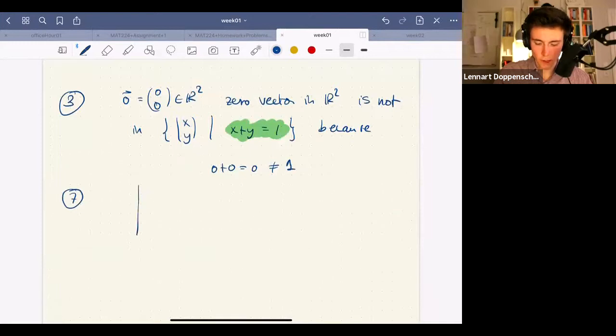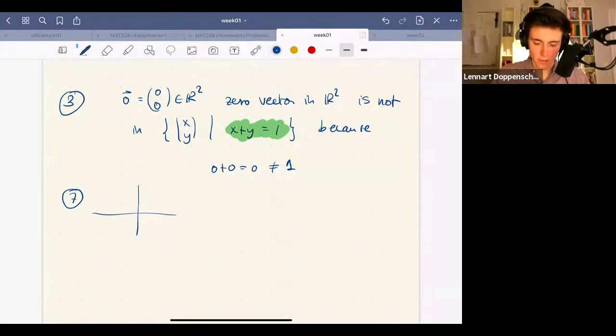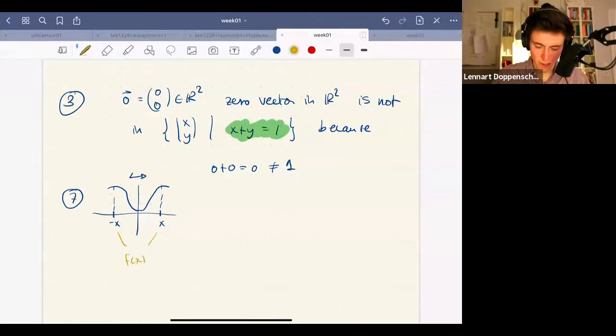So first of all, just graphically, what does it mean for a function to be even? Well, it just means that whatever is happening on the left-hand side of the y-axis is also the same on the right-hand side, so the value of x and minus x is the same. So f of x and f of minus x is the same value, which is this.